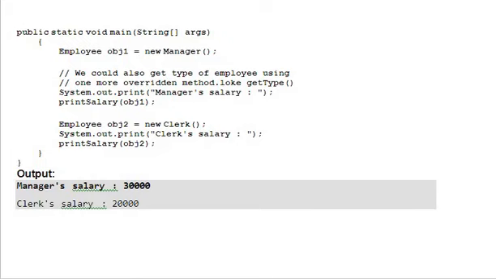Now look at the main object obj1. Employee obj1 is equal to new Manager. Now printSalary(obj1) gives the manager's salary. Look at Employee obj2 is equal to new Clerk, and printSalary(obj2), you get the clerk's salary. So this is a simple application demonstration program for overriding.